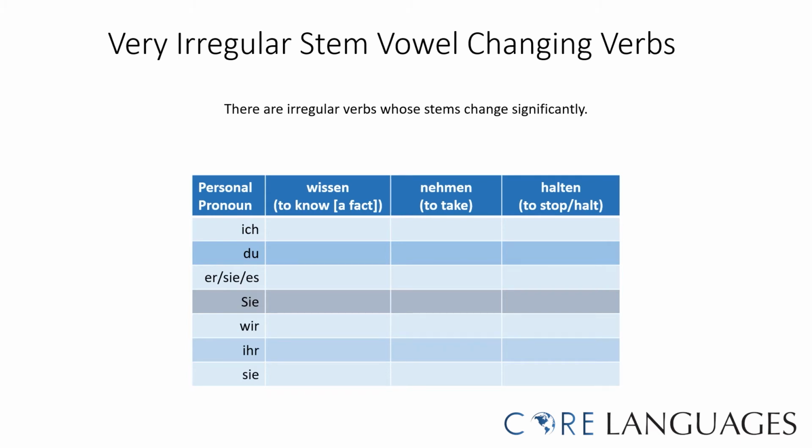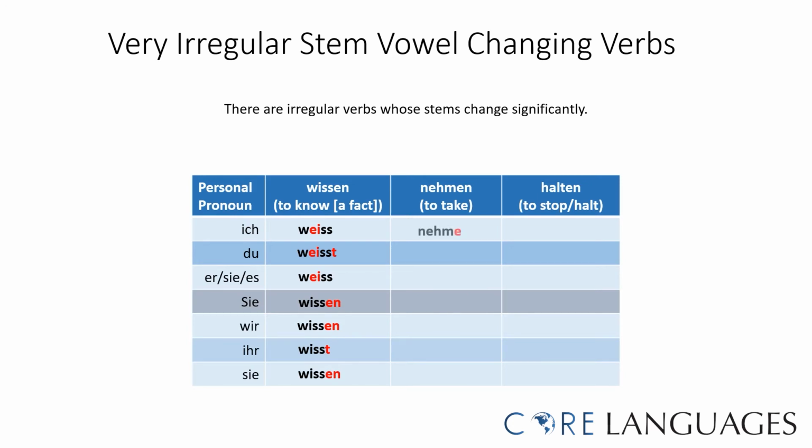Feel free to repeat after me. Ich weiß. Here, the vowel change already happens in the first person. Du weißt. Sie, es weiß. Sie wissen. Wir wissen. Ihr wisst. Sie wissen.